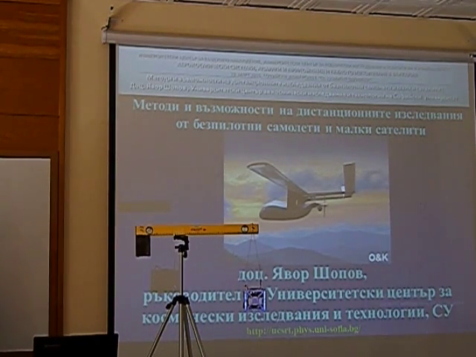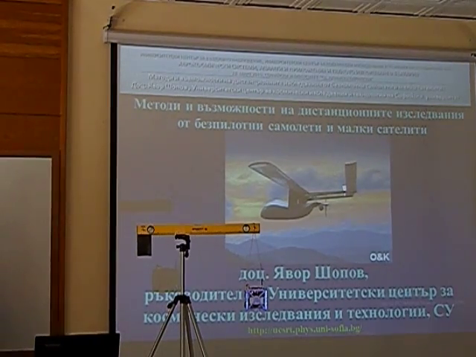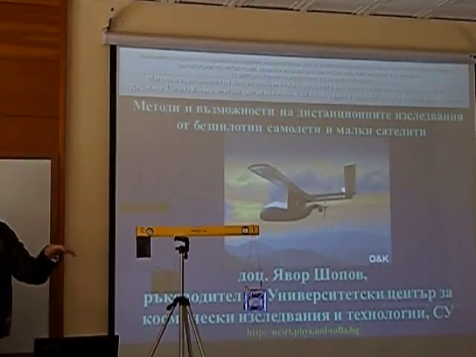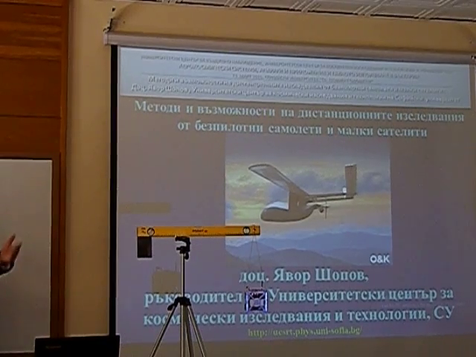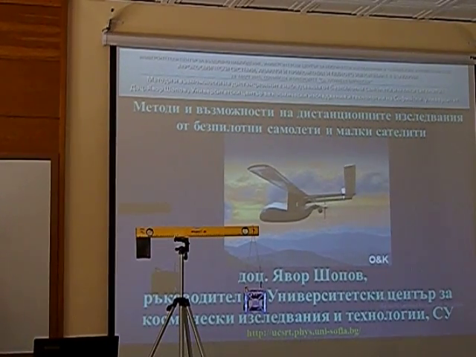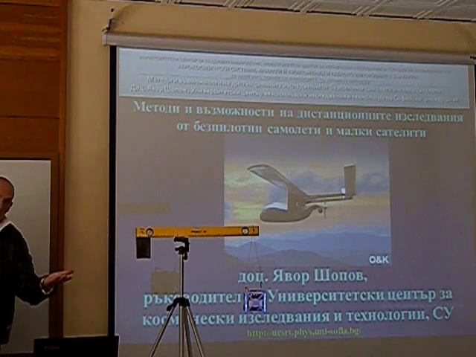And the other advantage is that they are very express. You can observe forest fire or whatever immediately when you need, but satellites have a very big obstruction because you cannot see the Earth's surface when it's cloudy.